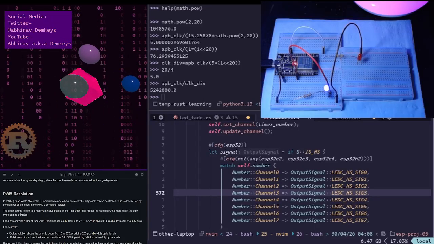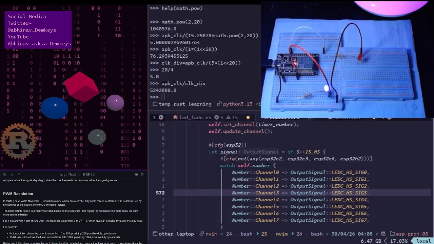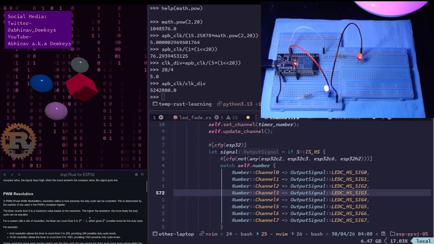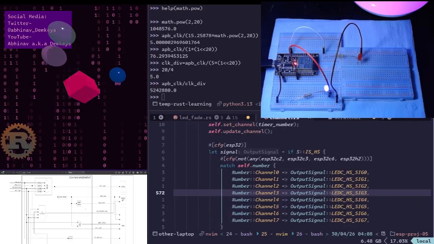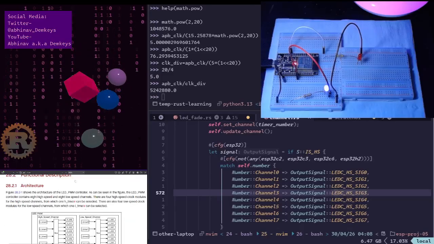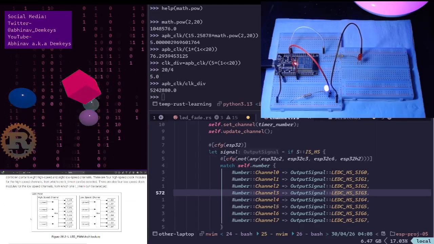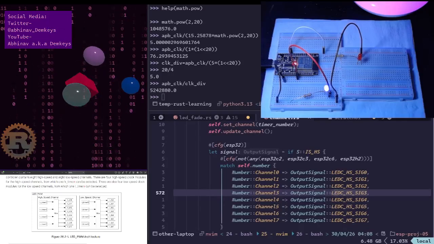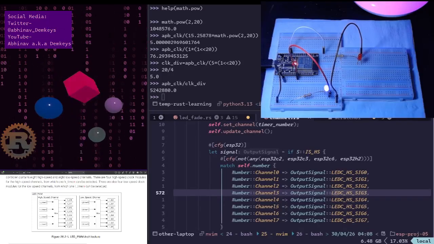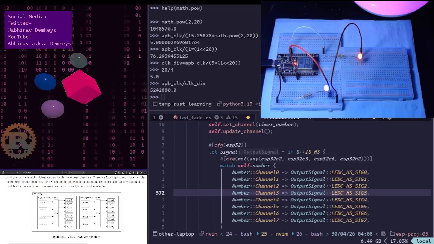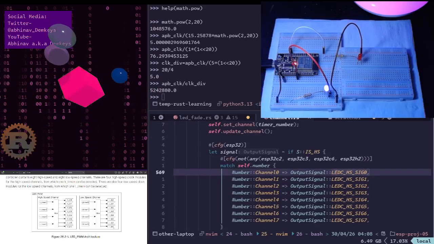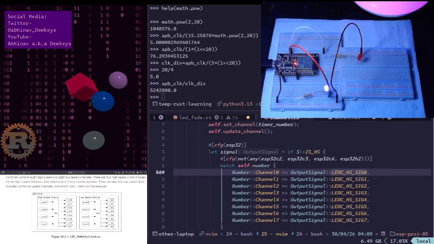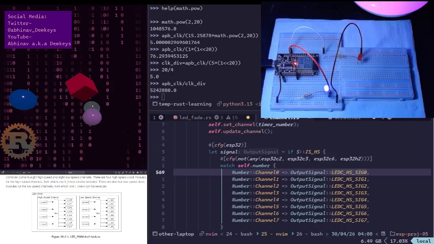Because we have, and I'm so glad that I opened up all of these things. If we look here, in here, we have these channels being mentioned. So you can see channel 0 to channel 7, and same thing is here. For here we are looking at the HS timer, not LS.